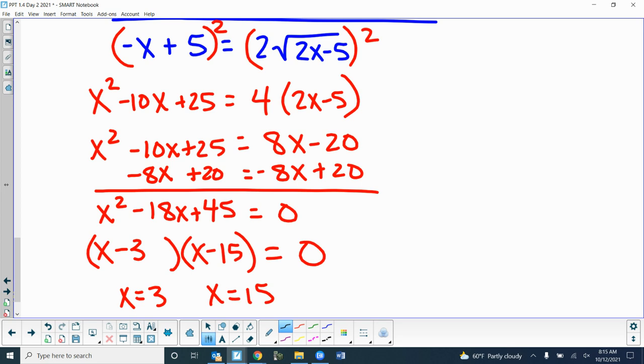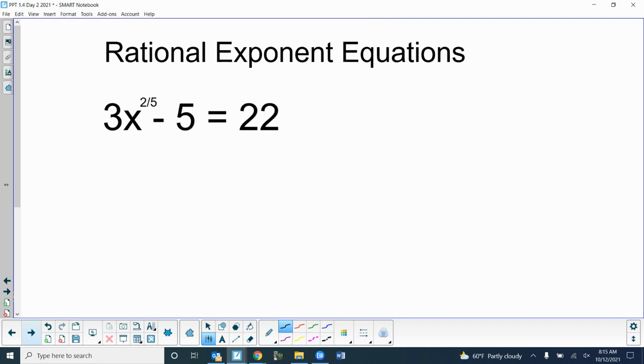All right. The other ones we have today are really easy. When you look at them at first, they look like they're going to be really hard, but they're not. So, what do you think we have to do to start? Whatever that exponent is, we're going to do that at the end.